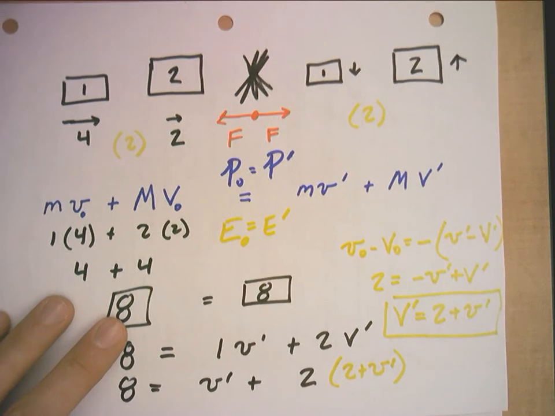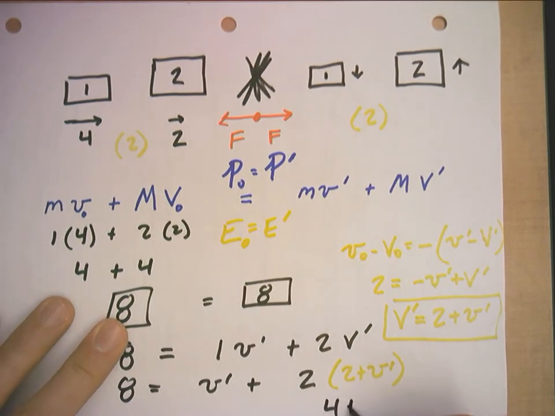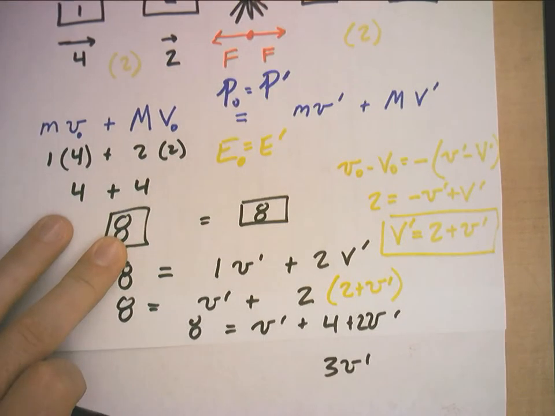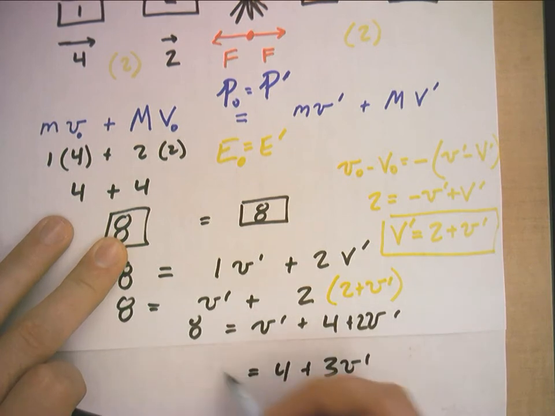We can then distribute algebraically and get 4 plus 2 little v prime. And don't forget, we still had a lot of stuff over here. So if we add those together, we get 3 little v prime. 2 plus 1 is 3, plus 4 equals 8.